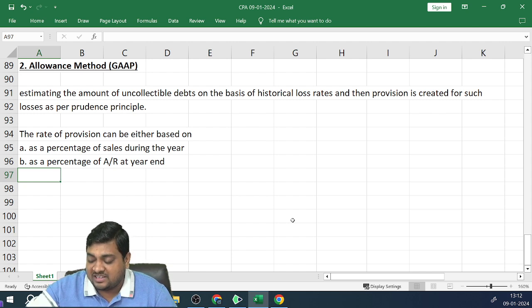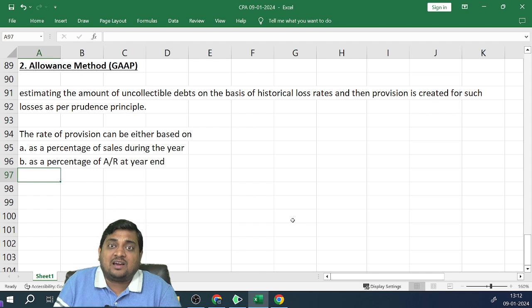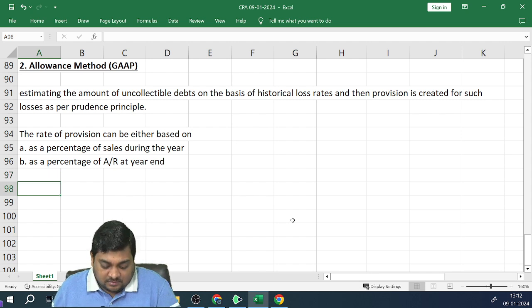Because whatever provision we are estimating, we are reducing our current year revenue.